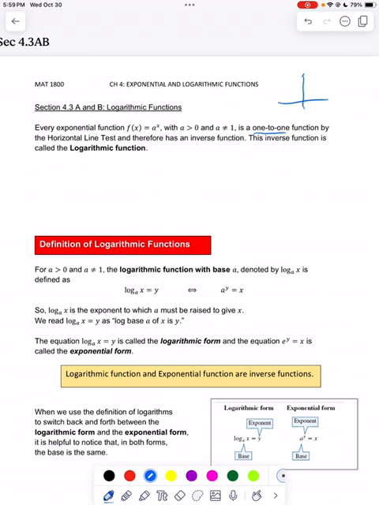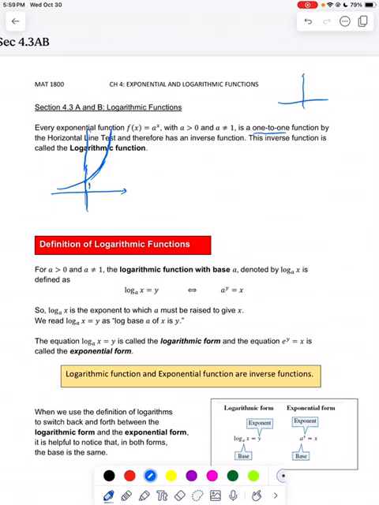Now let me draw the graph of the exponential. The exponential function looks like this. This is 1 here, and this one goes up very fast depending on the base a.